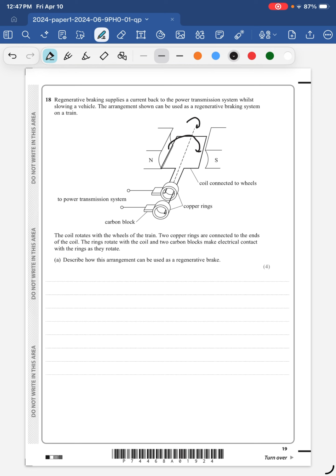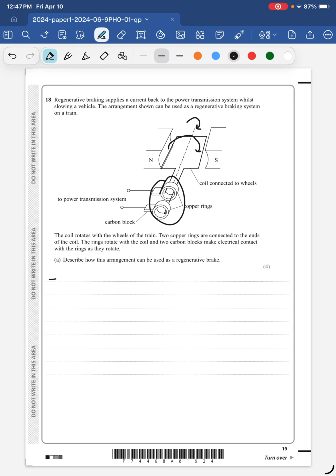The coil rotates with the wheels of the train. Two copper rings are connected, here they are, to the ends of the coil. The rings rotate with the coil, and two carbon blocks make electrical contact with the rings as they rotate. Describe how this arrangement can be used as a regenerative brake.